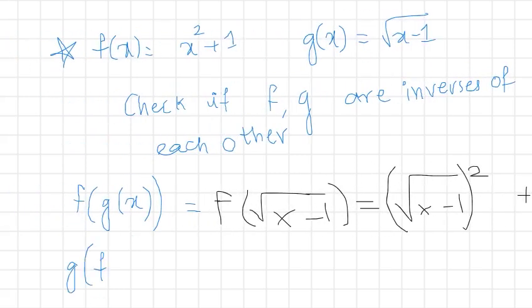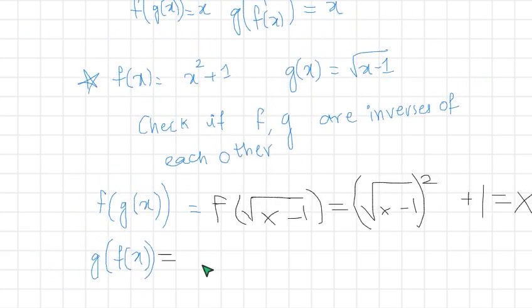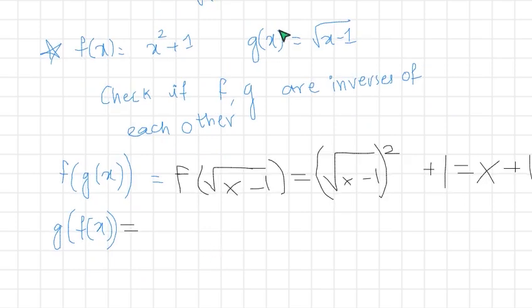So g of f of x is equal to g of parentheses x squared plus 1. So there's no need to write in that elaborated manner. I'll tell you the trick. G of f of x, right? Yes. See, g of x was root x minus 1. So wherever there was x, notice where is x?